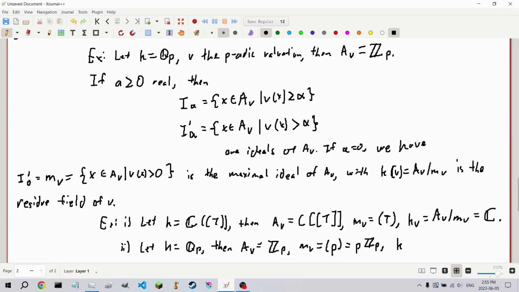And then our residue field, A_V divided by M_V, is going to be the finite field of p elements, which we recall is Z over pZ.